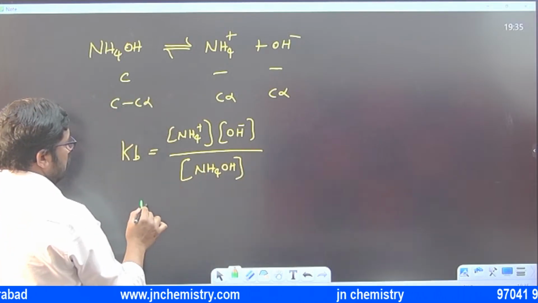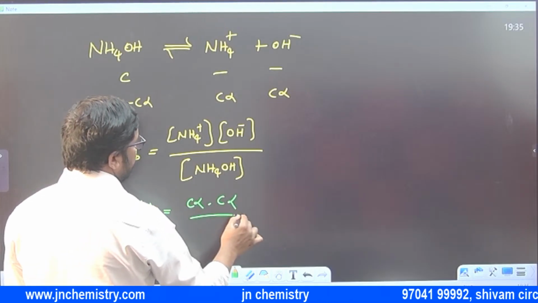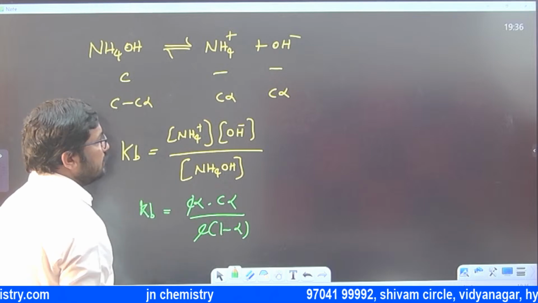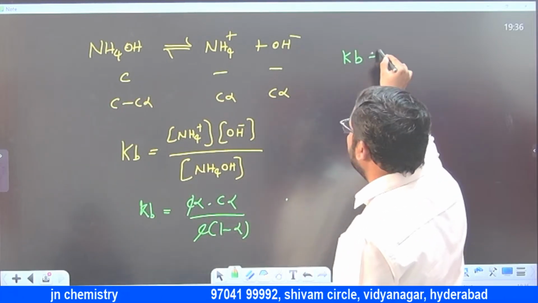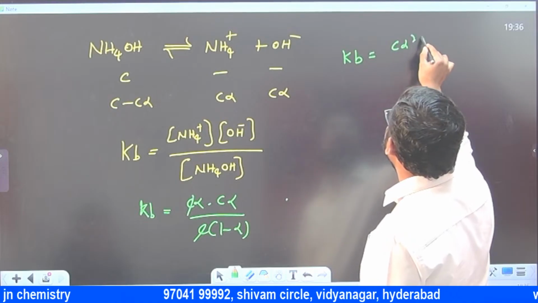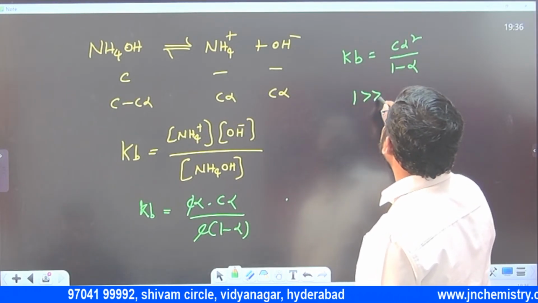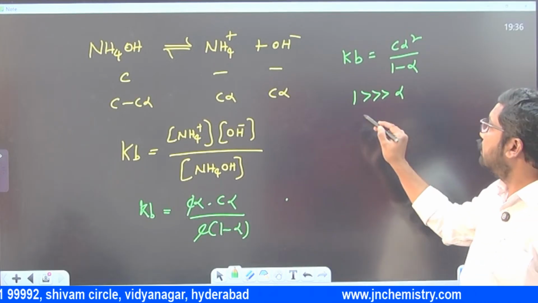Now C alpha into C alpha by C into 1 minus alpha, C gets cancelled. Kb is equal to C alpha square by 1 minus alpha. 1 is far greater than alpha, so we can neglect it in the denominator.